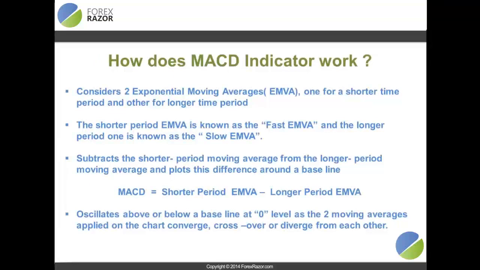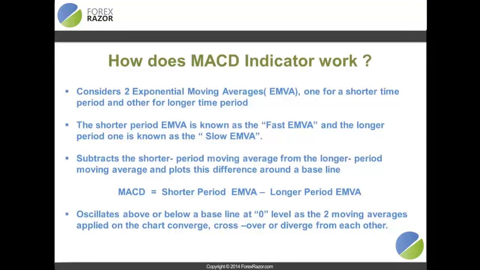So how does the MACD indicator work? As mentioned, MACD takes into consideration two moving averages. These are mostly the exponential moving averages. One is for a shorter time period and the other for a longer time period.